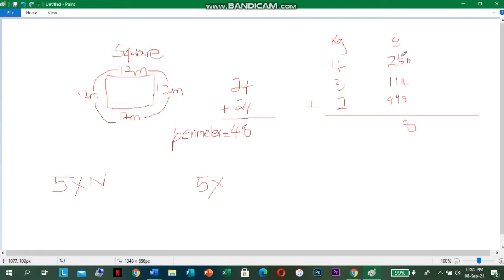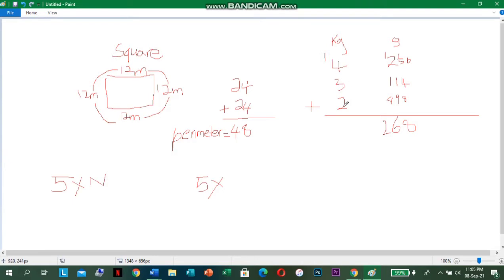And 15 plus 1 is 16. So we put down our 6 and carry our 1. 8 plus 1 gives us 9. 9 plus 2 gives us 11. And 11 plus 1 gives us 12. So we put down our 2 and carry our 1.